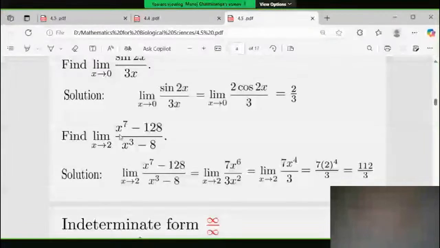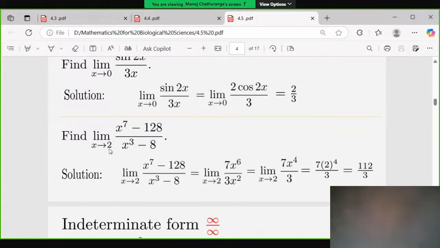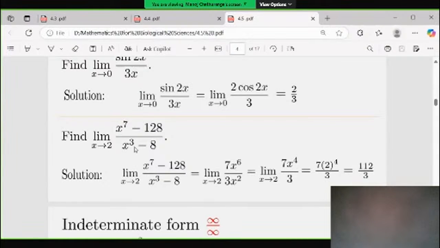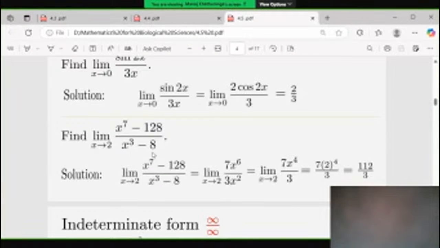Let's do something different. Let's say x equals 2, x to the power 7 minus 128 divided by x to the power 3 minus 8. If you compute this, 2 to the power 3 is 8, so we have a problem with the denominator.